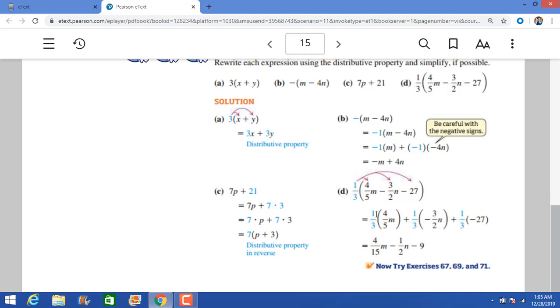So here we get 4/15 m minus, because we got a negative sign, so it'll be minus 1/2 n, and then we're going to have minus what? This is going to be a minus 9. And so we get this, and there's nothing else we can do to simplify this.